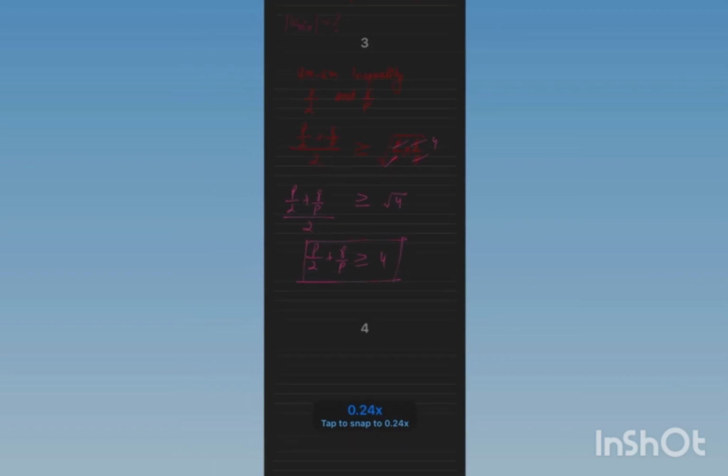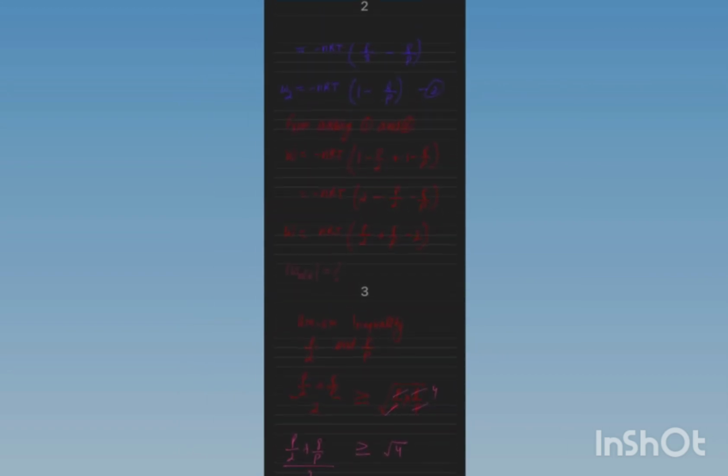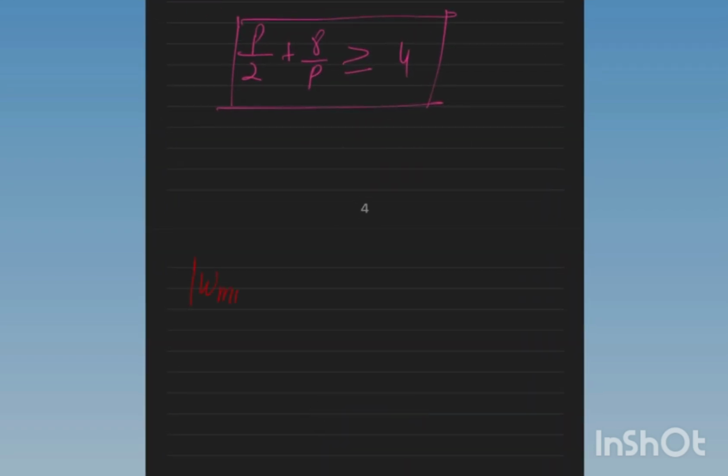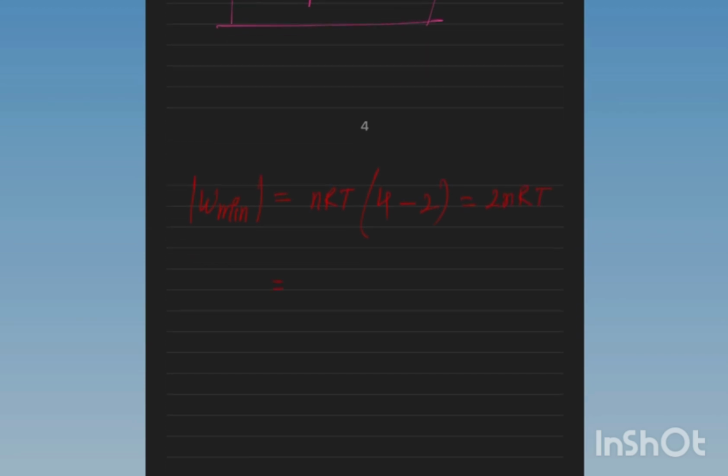So now we can put that value in this equation, because we have to calculate the W minimum. So now W minimum will be equal to nRT (4 minus 2), which is equal to 2 nRT. Now we have to put the values only, and we will get our final answer.